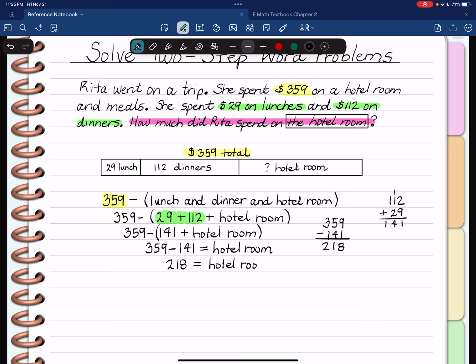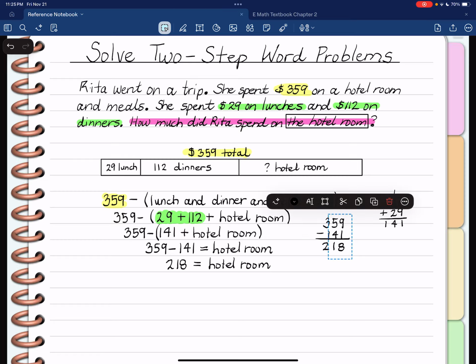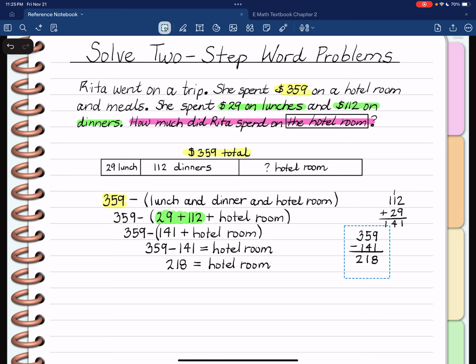This is an algebra problem, and I have shown you the advanced way to solve it. We're setting up the algebra that you're going to need in the very near future. But I realize that this is not an easy problem. This takes a lot of thinking. It takes a lot of math.